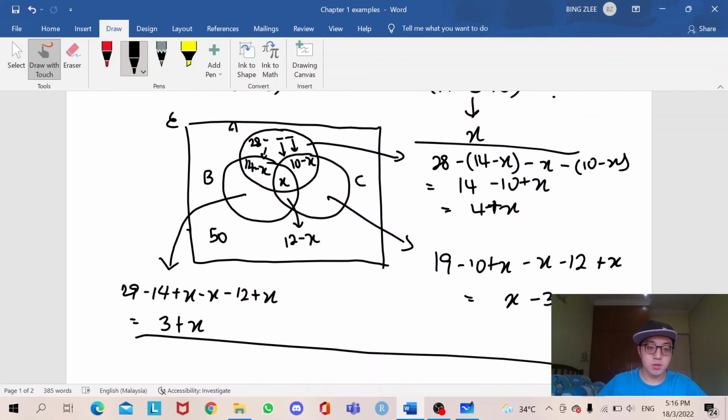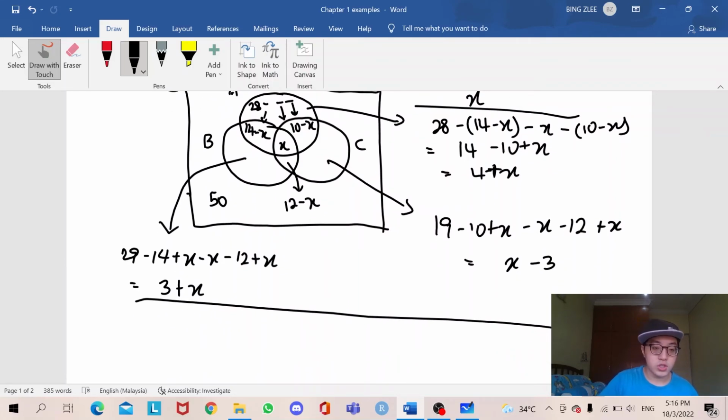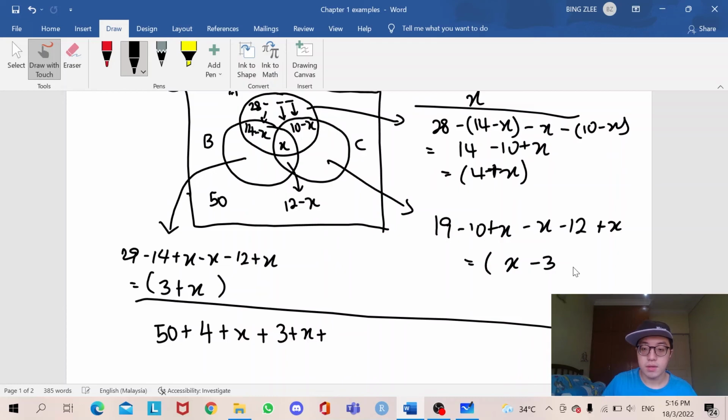Beginning from the outside one, which is 50, plus this part, 4 plus x, plus this one, 3 plus x, plus x minus 3.